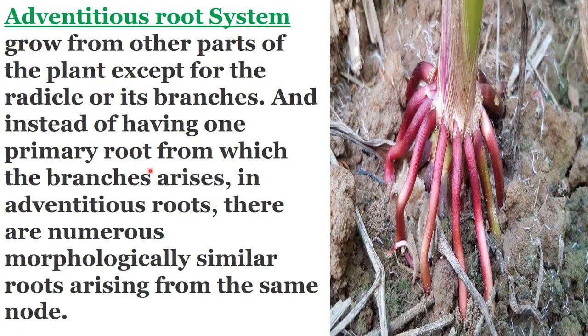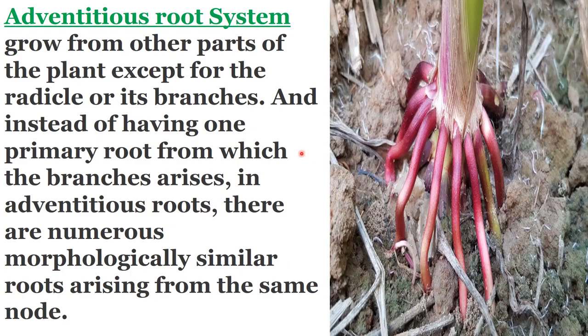Now the next type of root system is the adventitious root system. In the adventitious root system, roots grow from other parts of the plant except for the radicle or its branches. Here the root is arising from some other part. It is not arising from the radicle. And instead of having one primary root from which the branches arise, in the adventitious root system there are numerous morphologically similar roots arising from the same node.